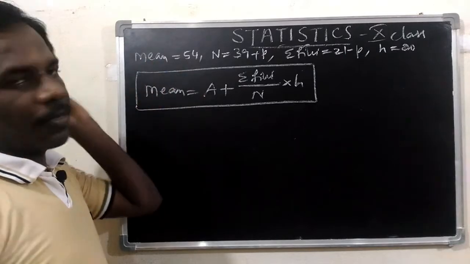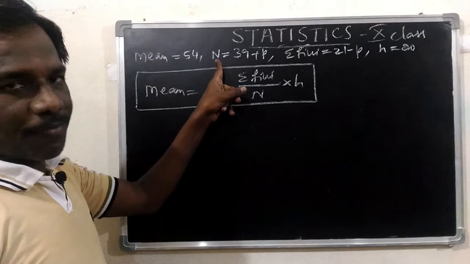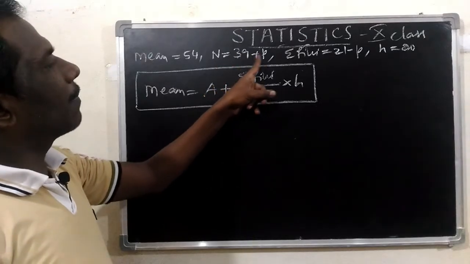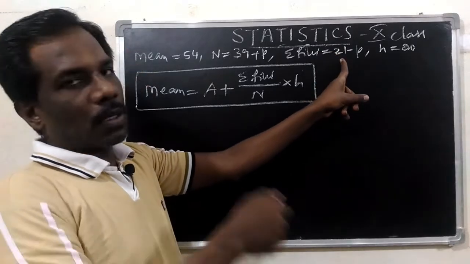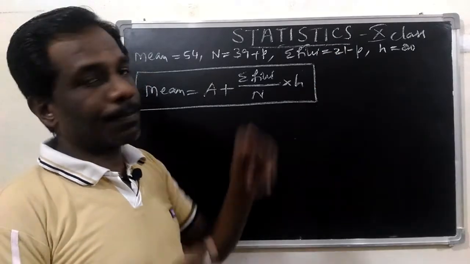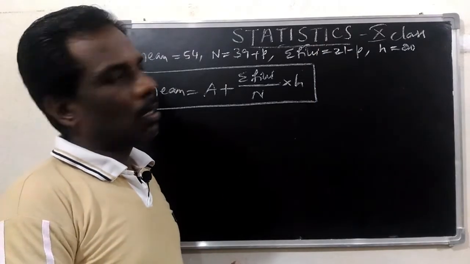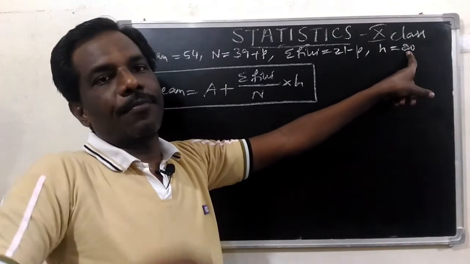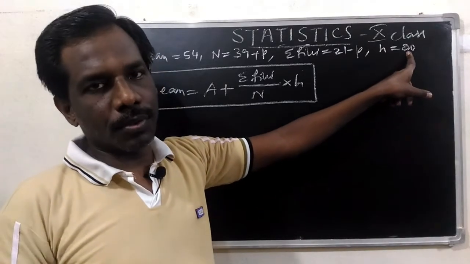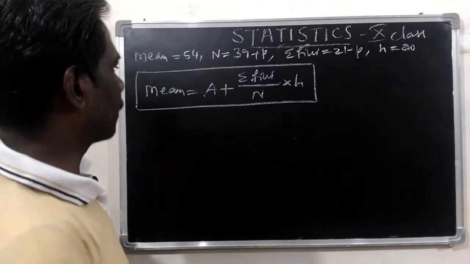Mean is 54, already given in the question, N is the sum of frequencies, 39 plus P, sigma Fi Ui is 21 minus P, and h is the class size, which is found by the difference of consecutive lower limits or upper limits, that is 20.